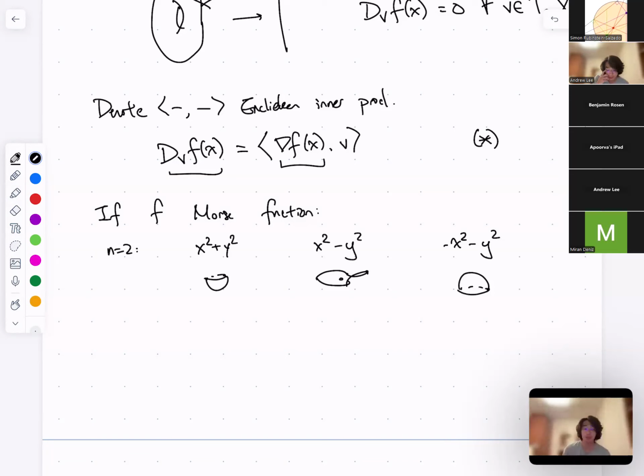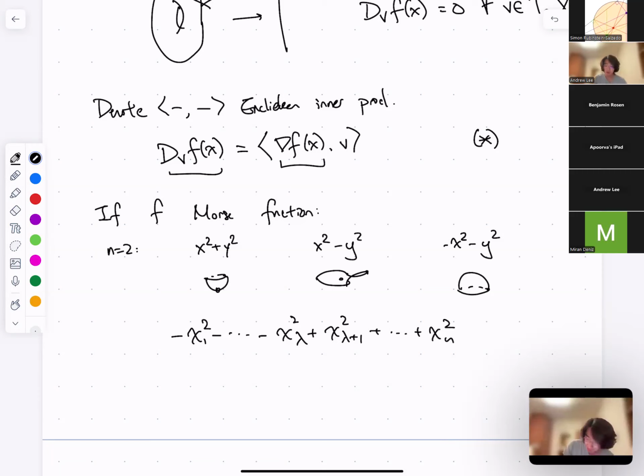And more generally, every critical point locally looks like something of the form negative x1 squared minus ... minus x lambda squared plus x lambda plus 1 squared plus ... plus xn squared. So you have lambda negative parts and then n minus lambda positive parts.